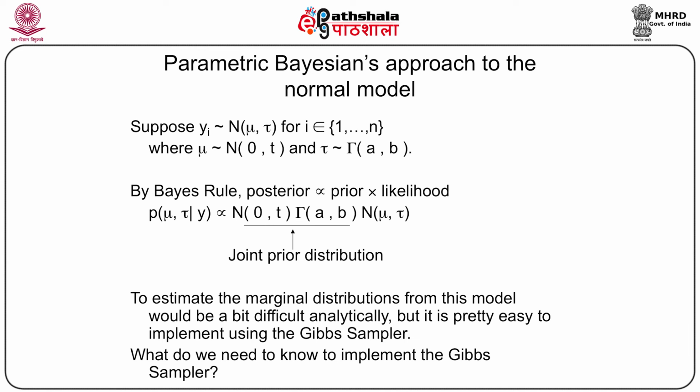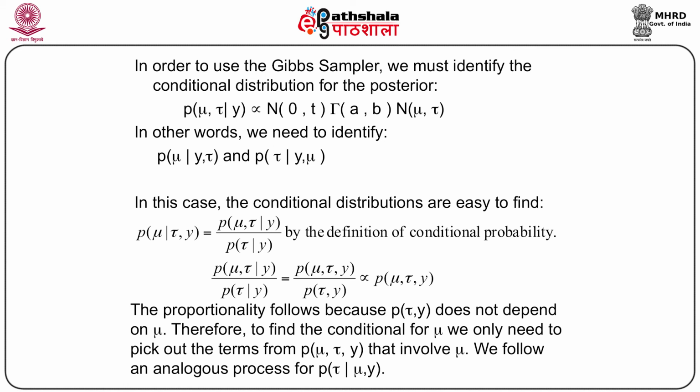So what do we need to know to implement the Gibbs sampler? In order to use the Gibbs sampler, we must identify the conditional distributions of the posterior, which is P(mu, tau | y) proportional to normal(0, t) times gamma(a, b) times normal(mu, tau). In other words, we need to identify P(mu | y, tau) and P(tau | y, mu).